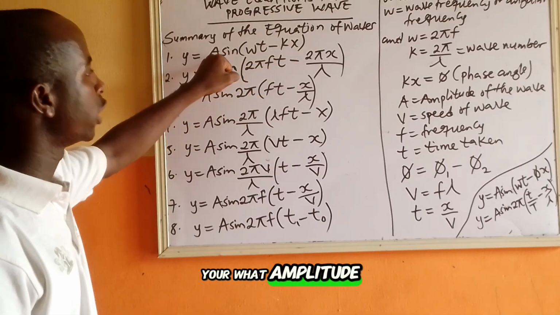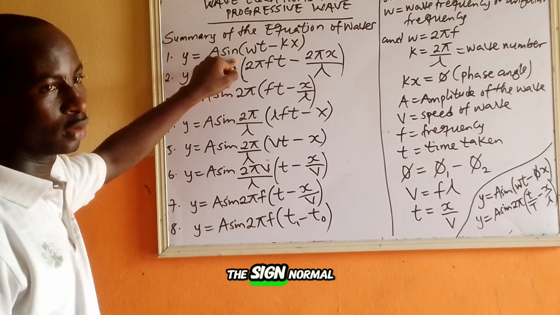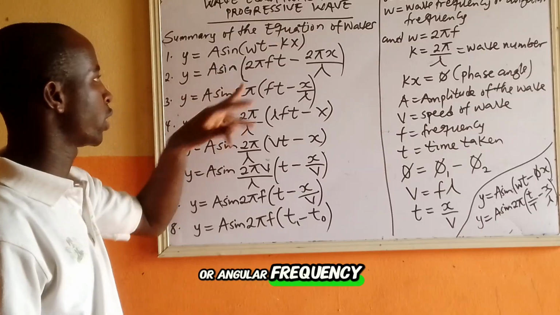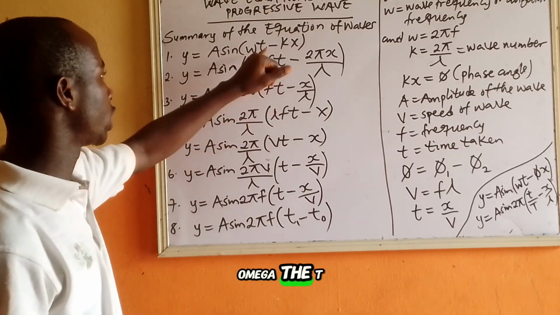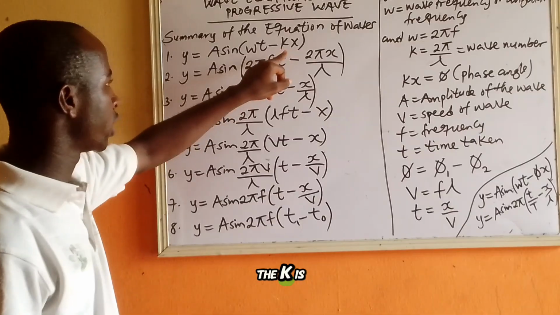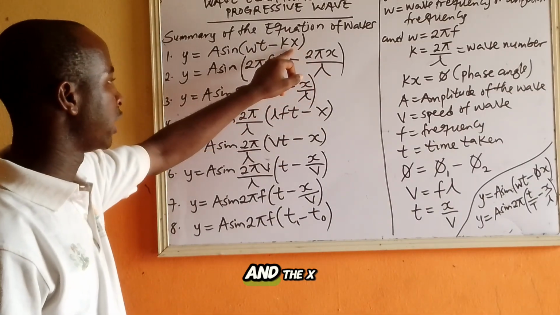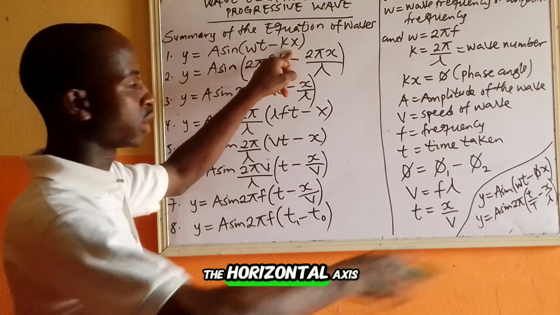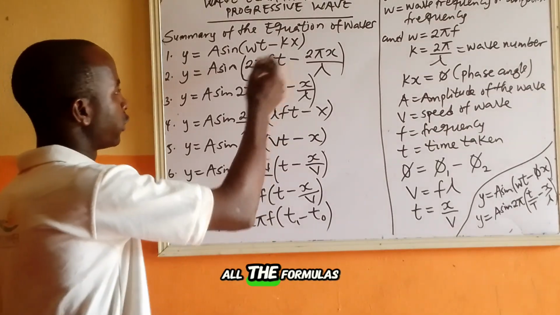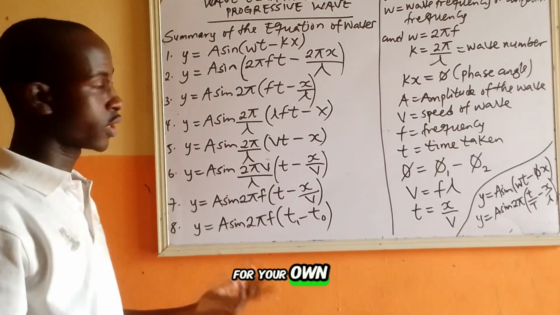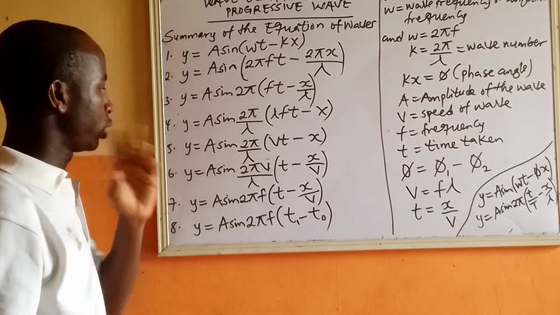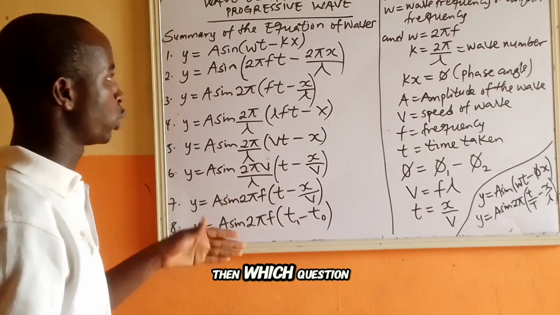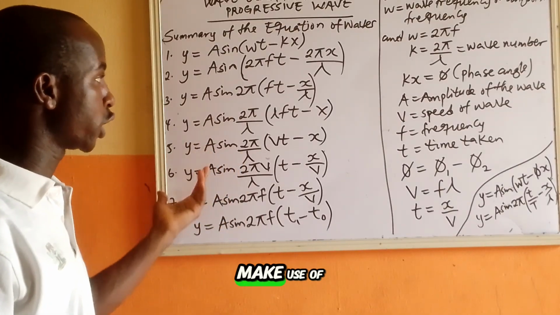A is the amplitude of the wave, and sin is the normal sine. ω is called the wave frequency or angular frequency, also known as omega. t is the time taken. k is called the wave number, and x is the displacement on the horizontal axis given to you. These are all the formulas you need to memorize for your own safety, so that when you see questions, you will know which equation to make use of.